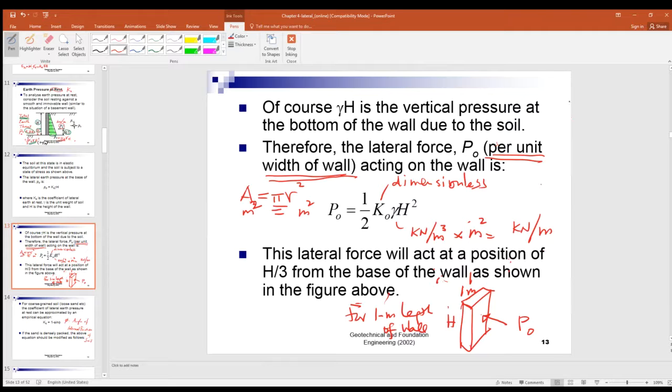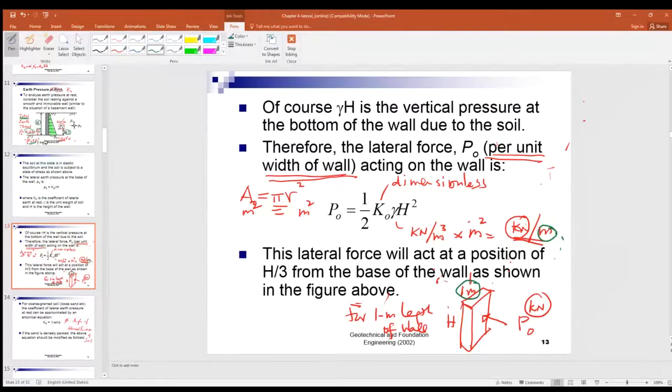So that is the meaning of this kN per meter.